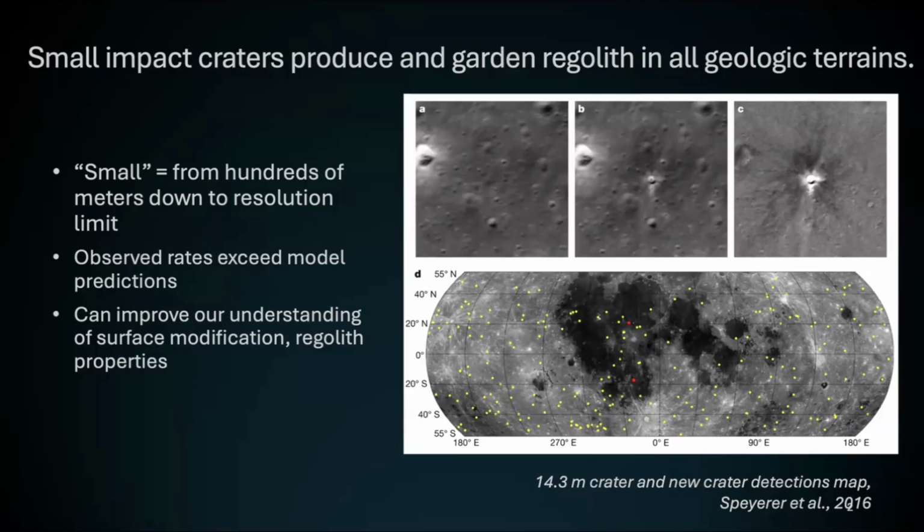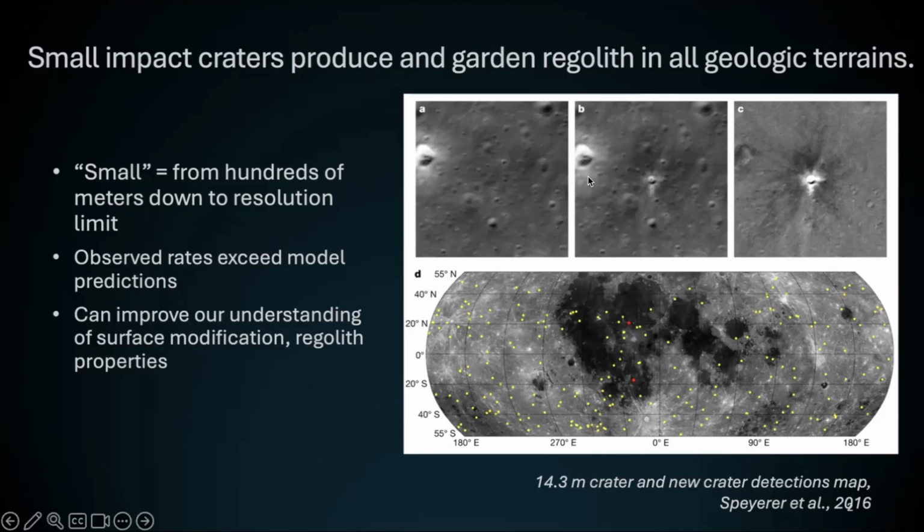And we know from work looking at temporal imaging over the lifetime of the LROC mission that the observed production rates of small craters exceed what models predict. So they're really important for understanding how regolith is produced in different terrains and how the surface of the moon is modified over time.